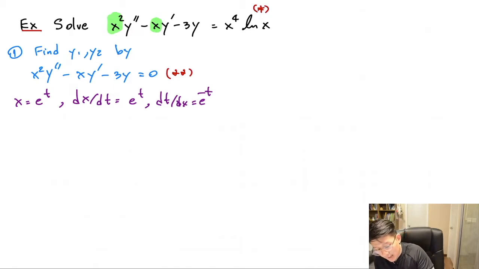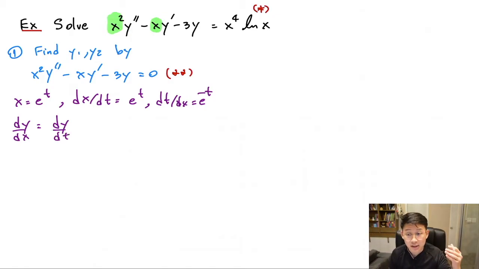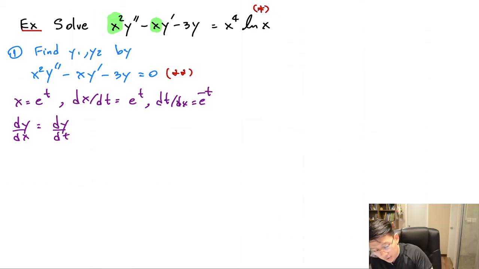Okay, and dy by dx is dy by dt times dt by dx. Guys, it's a good practice to keep writing it down, again and again. Okay, it will help you to remember them. So dy by dt and dt by dx is e to the minus t.